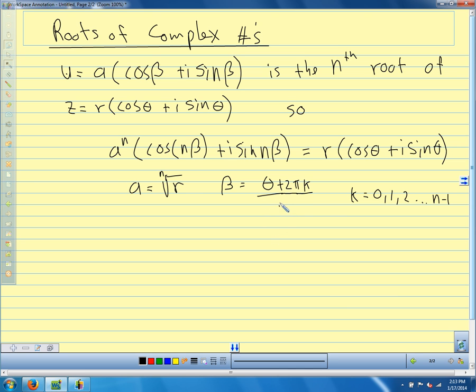So this gives us a way to find the nth root of a complex number.